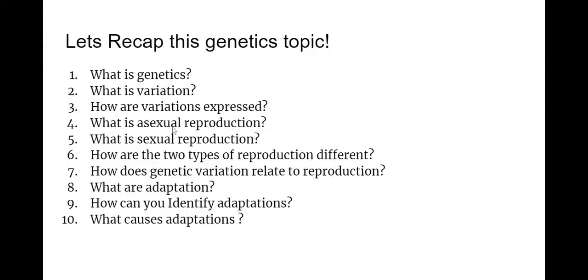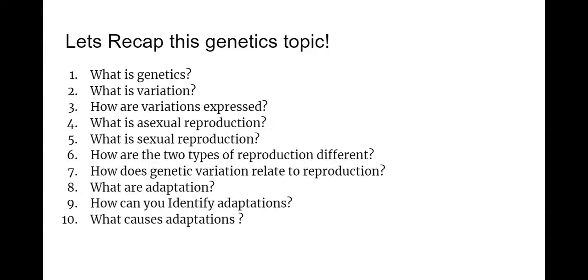What is asexual reproduction? Asexual reproduction is when an organism makes new organisms, which is offspring, without needing another parent, meaning it only has one parent.